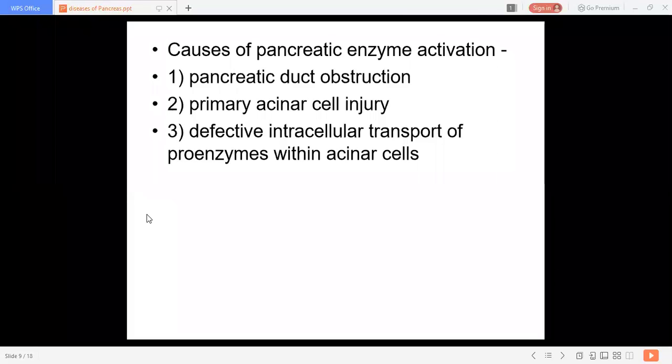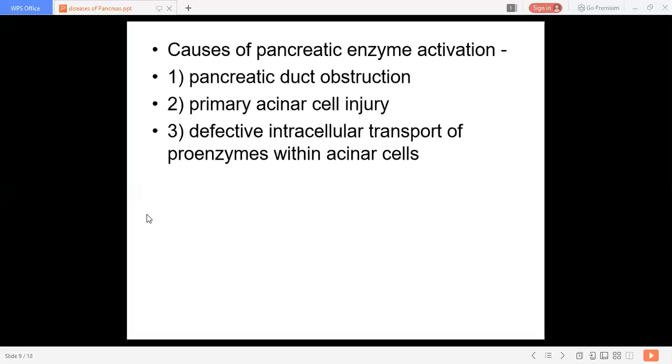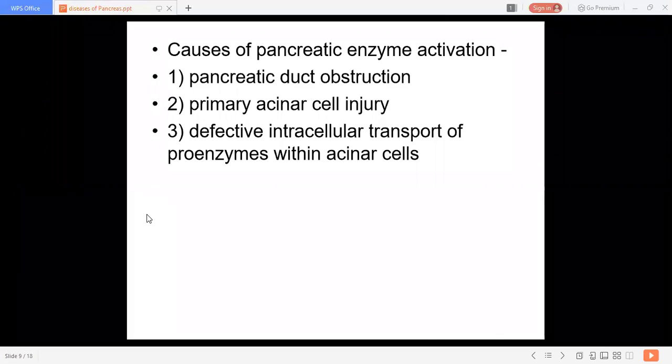So injured tissues, what is the mechanism of our body? They release cytokines, that is, inflammatory mediators. Then TNF, tumor necrosis factor, then PAF, platelet activating factor.